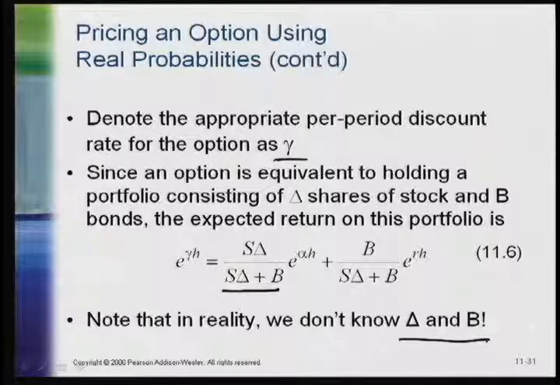So in a sense, this is a theoretical calculation that says, let's price the option using risk-neutral pricing, then we get delta and B. So what this argument boils down to is that if you price the option with the risk-neutral probability and determine delta and B, and use that value in this calculation to determine gamma, when I price the option with gamma, I'm going to get the same price. But notice that in practice, I have this technicality that I can't actually implement this approach because I will not know the delta and the B.